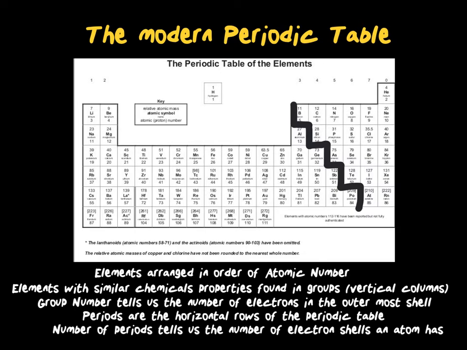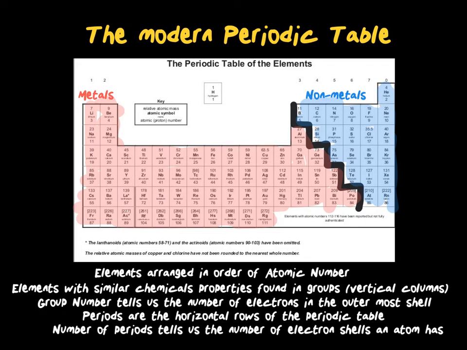This gives us metals on the left-hand side of the periodic table and non-metals on the right-hand side. The elements around that staircase are known as metalloids, as in certain situations they are able to act as either metals or non-metals.